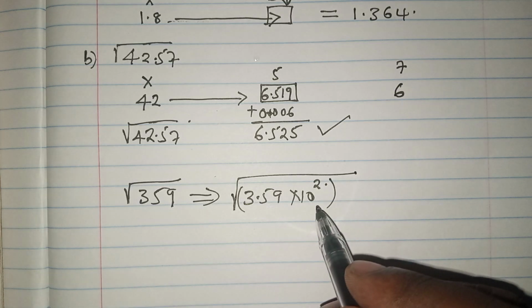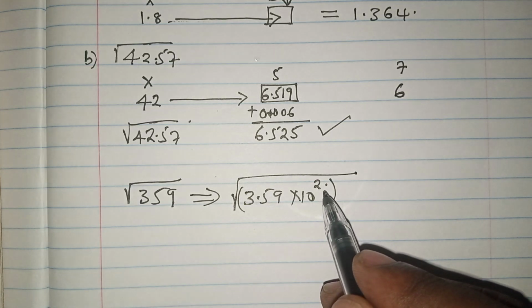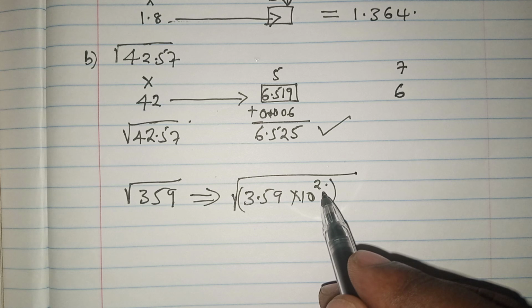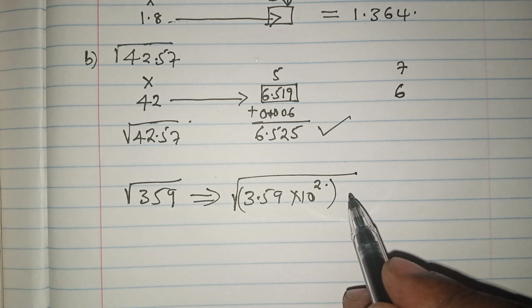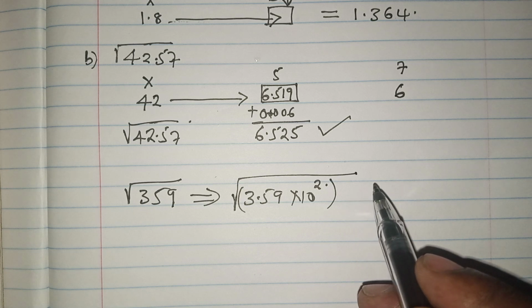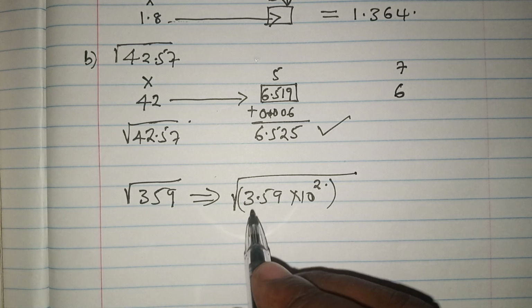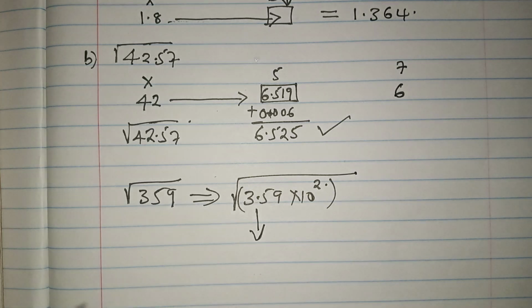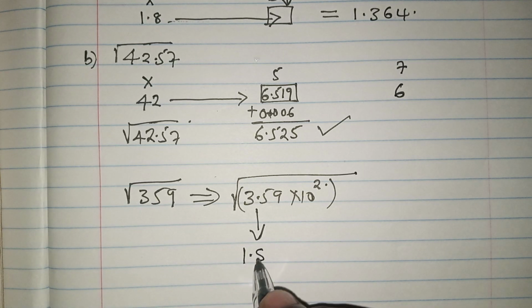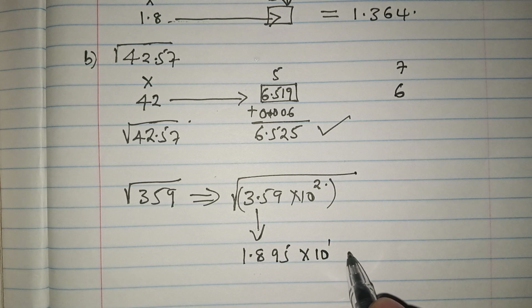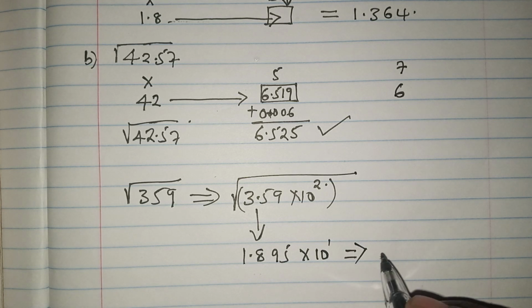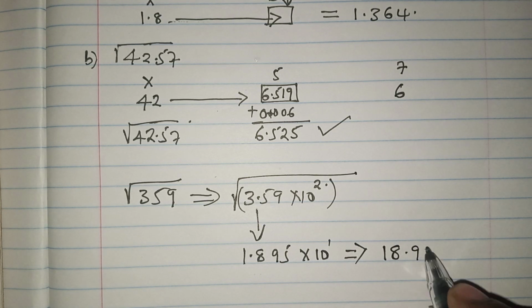Because if we have 10 raised to power 3, the square root of 1,000 is not very automatic. So get the square root of 3.59 from the table, which is 1.895, and then the square root of 10 squared, which is simply 10 raised to power 1. And the entire square root of 359 is 18.95, and that is it.